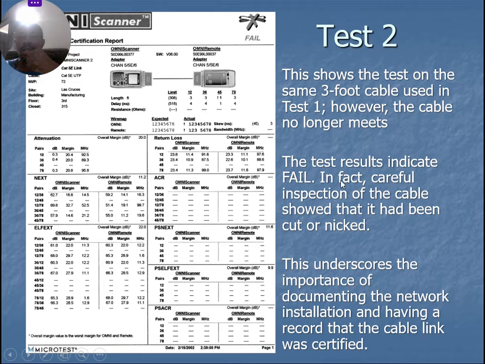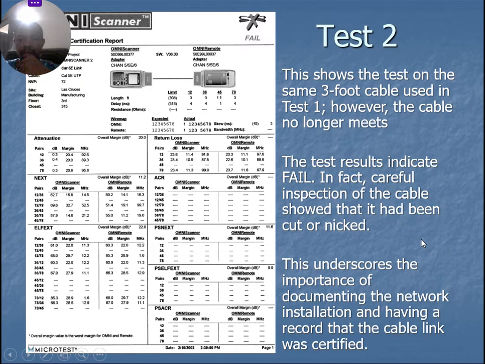The test results indicate fail. In fact, careful inspection of the cable shows that it had been cut or was naked. That's why you see the result output is fail, fail, fail, fail. So this cable has failed.